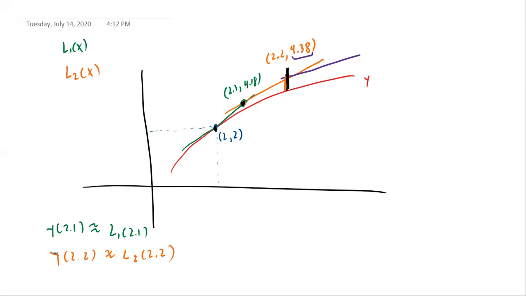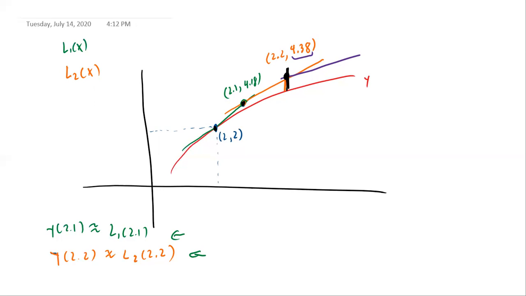And then our third linearization, if we were to do it again, would go through this point (2.2, 4.38), which again is not on the original graph, but is instead on L1. And like that, you would keep doing this a bunch of times. This is how the iteration is going to work. Every time we're going to use the previous point that we found and use it to find a new tangent line.